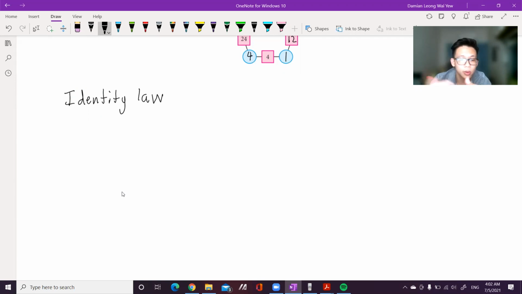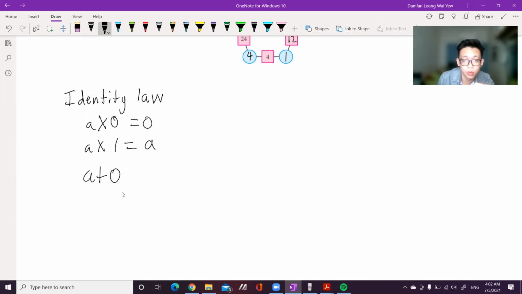Because identity law is things like anything times 0 will be 0, or anything times 1 will be the number itself. Yeah. Or anything plus 0 or minus 0 will still be the same thing. Yeah, things like that. That is identity law.